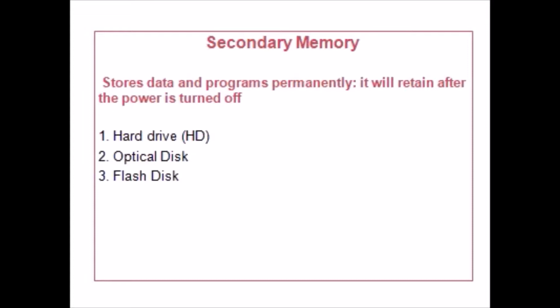Hard drive. A hard drive is a part of a unit, often called a disk drive, hard drive, or hard disk drive, that stores and provides relatively quick access to large amounts of data on an electromagnetically charged surface or set of surfaces. Second, optical disk.